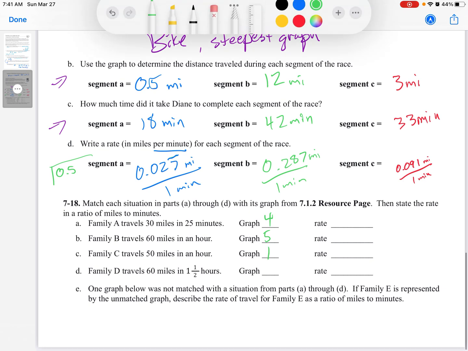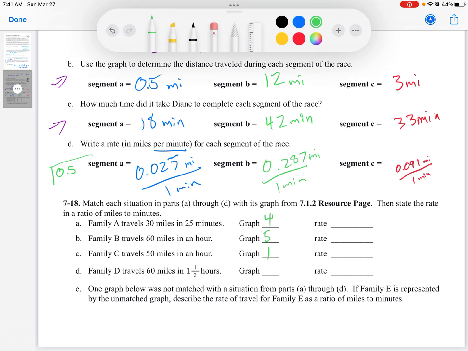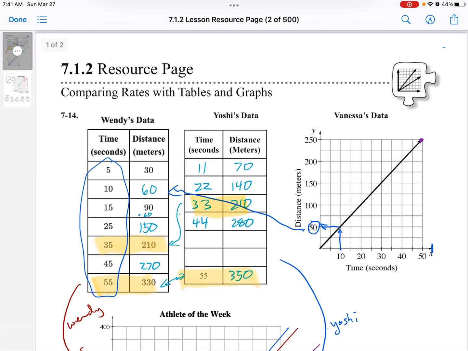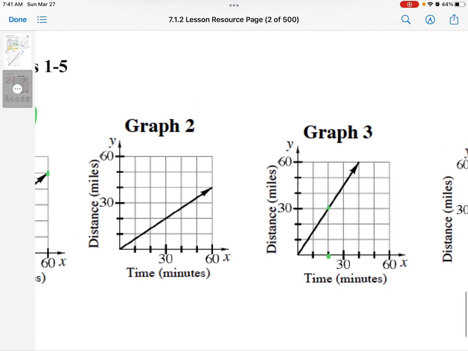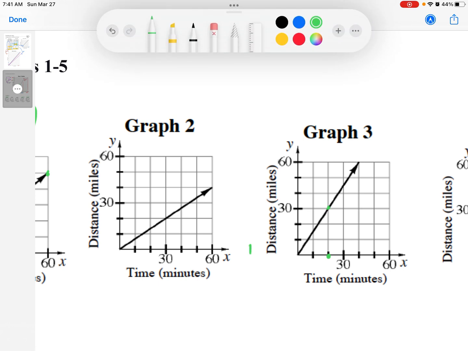And family D travels 60 miles in 1.5 hours. That one would be a little tricky because 1.5 hours does not fit. So it's got to be between these two. If we think about it, 1.5 hours would be 90 minutes. So let me see if that would work.